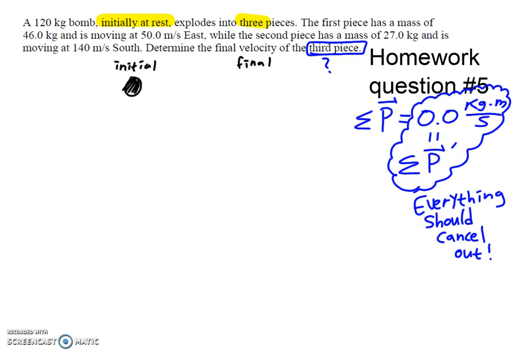However, if you read the second sentence, you may notice that among these pieces, I'm just going to bring it down a little bit, a certain segment is basically traveling east, 50 meters per second east. The second piece, which travels faster, definitely 140 meters per second south. Now we're interested in this unknown, question mark situation.